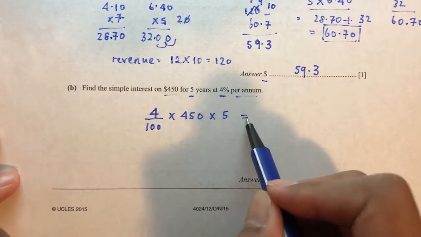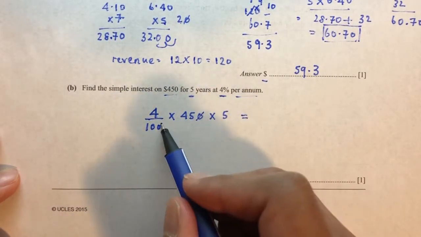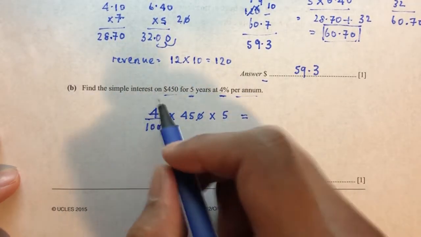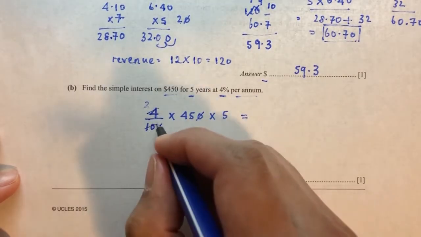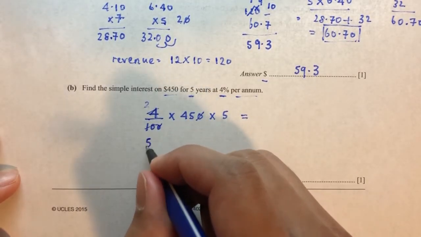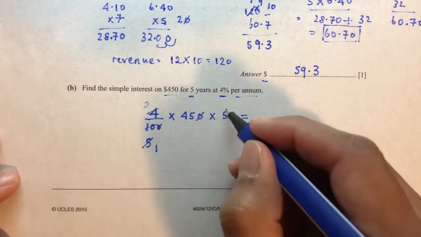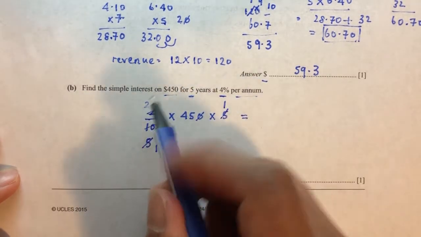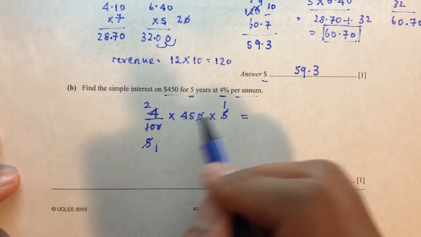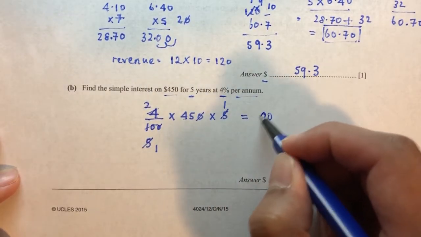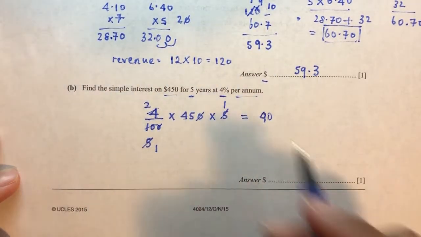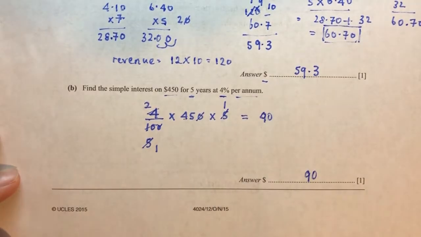So now we simplify, we have 0, 0, divided by 2, we have 2. Here we have 5, divided by 5, we have 1, so 1. So here we have 2 remaining. 2 times 45 times 1 will be 90. So his simple interest will be $90 over the 5 years.